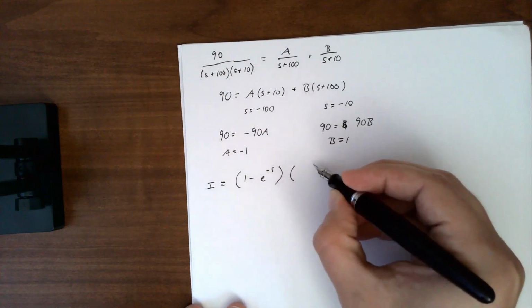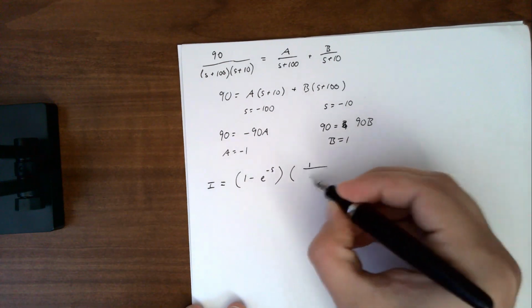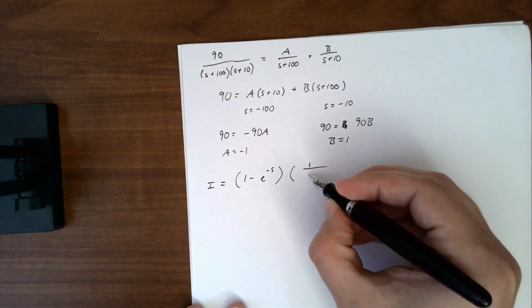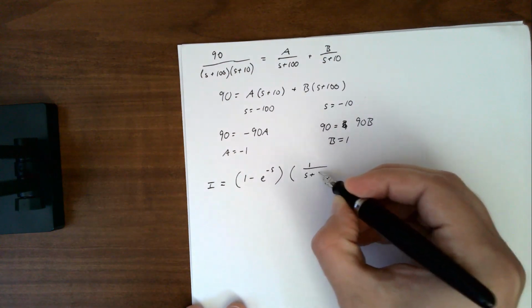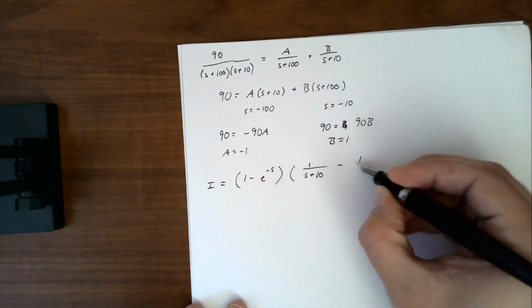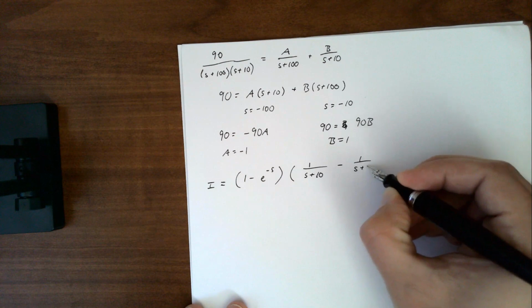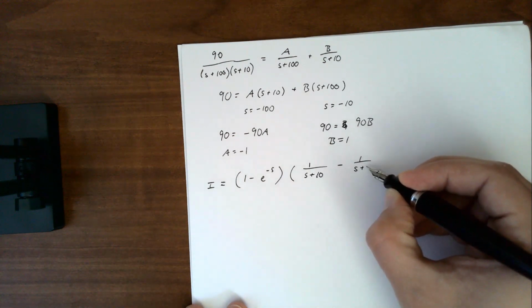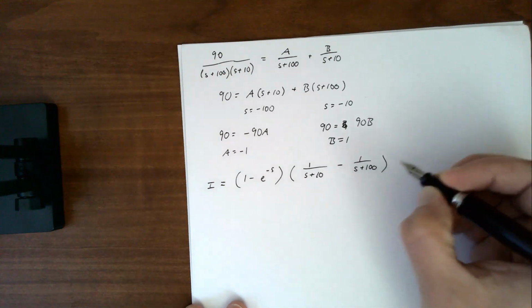And now what do we have? We had 1 for the B, so I'll just put that one first, so it saves me the awkwardness of subtraction as my first term. So 1 over s plus 10 minus 1 over s plus 100, what I mean to say.